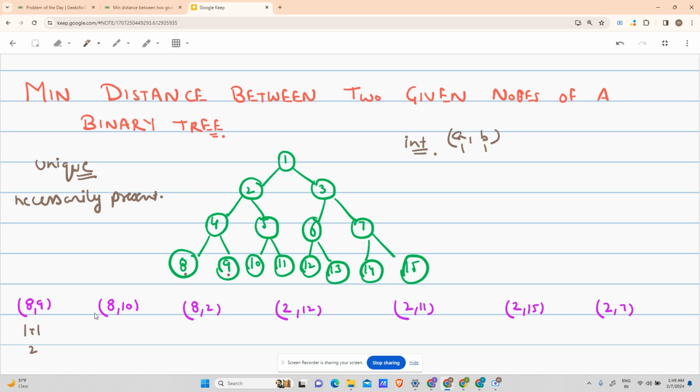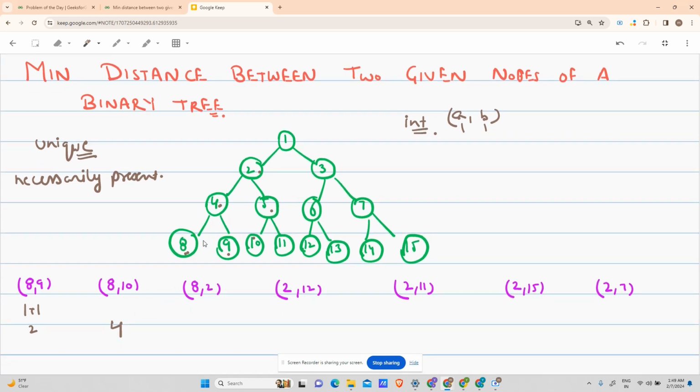Correct? All right. If I see 8 to 10, I will have to go from 8 to 4, 1 step, 4 to 2, 2 steps, 2 to 5, 3 steps, 5 to 10, 4 steps. So it will be 4 steps. Correct? Now from 8 to 2: 8 to 4, one step, 4 to 2, two steps, right?